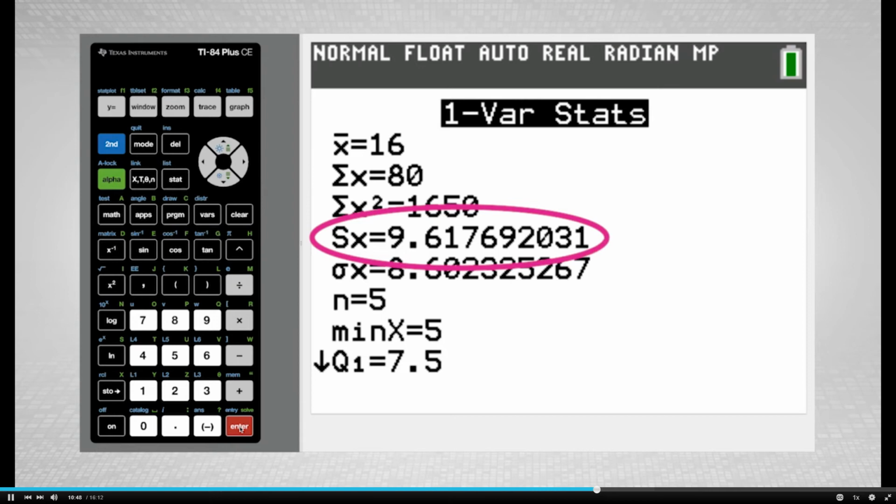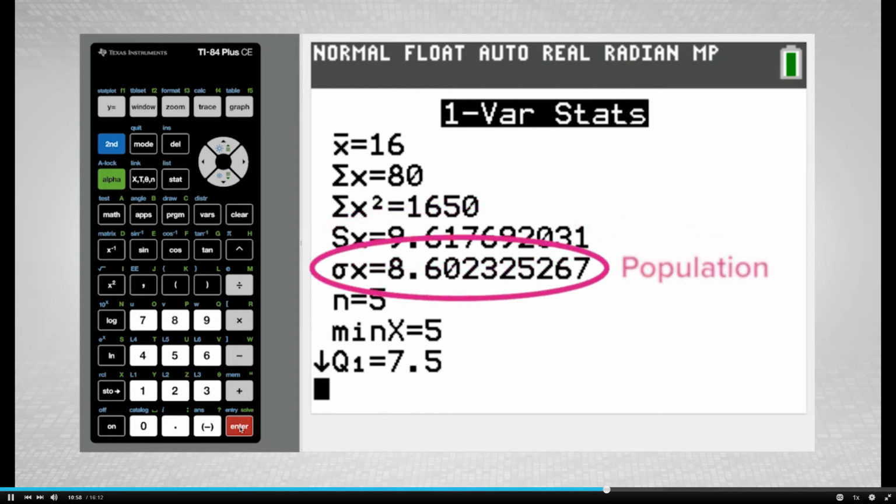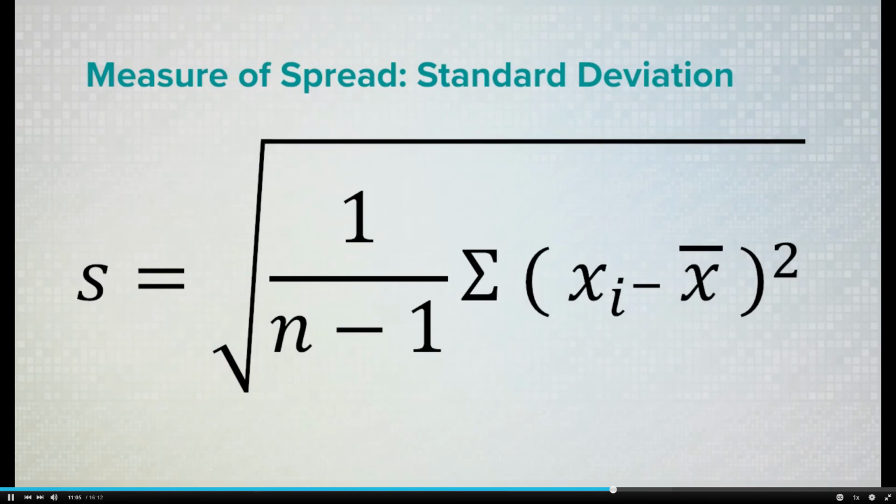Now, why S and not sigma? S assumes the data that you input into the calculator is from a sample. Sigma assumes that it's from a population. As I said earlier, we are always dealing with sample data. Hence why we use S and not sigma.